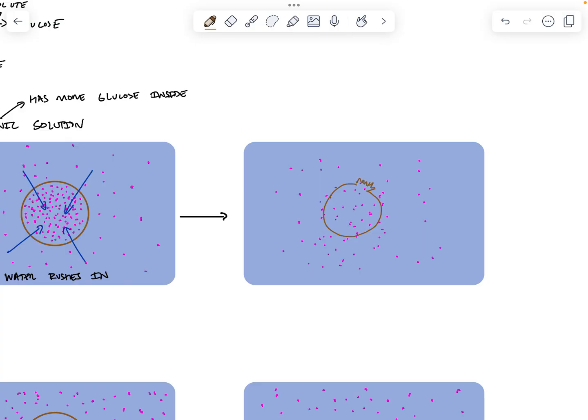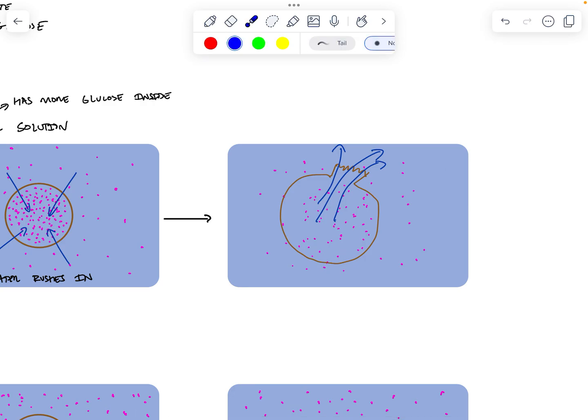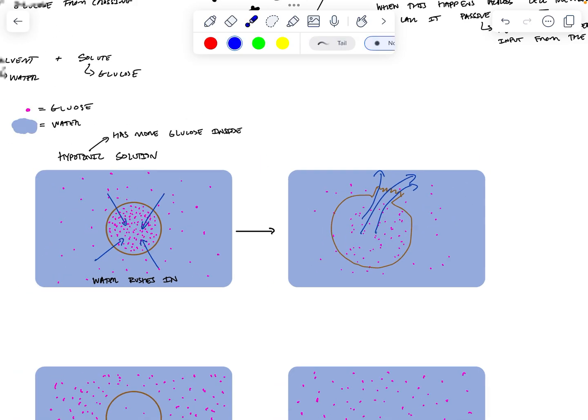I should draw it a little bit bigger, because the cell would first expand and then it would burst, and water and glucose would rush out, and at that point the concentration would equalize inside and outside the cell.